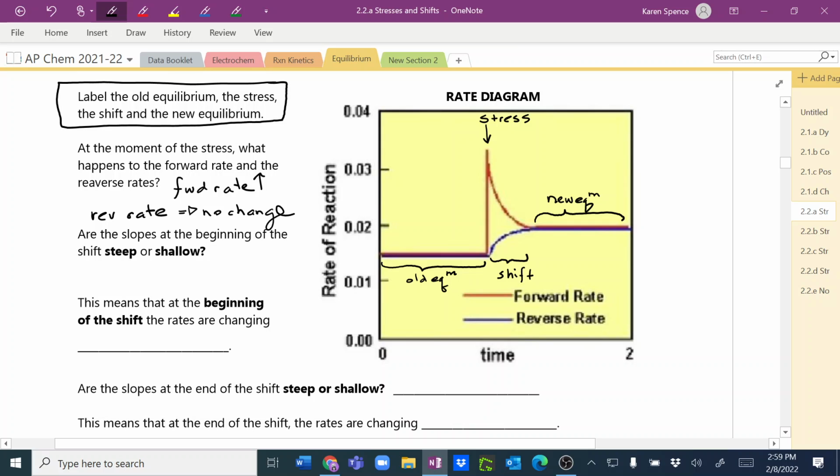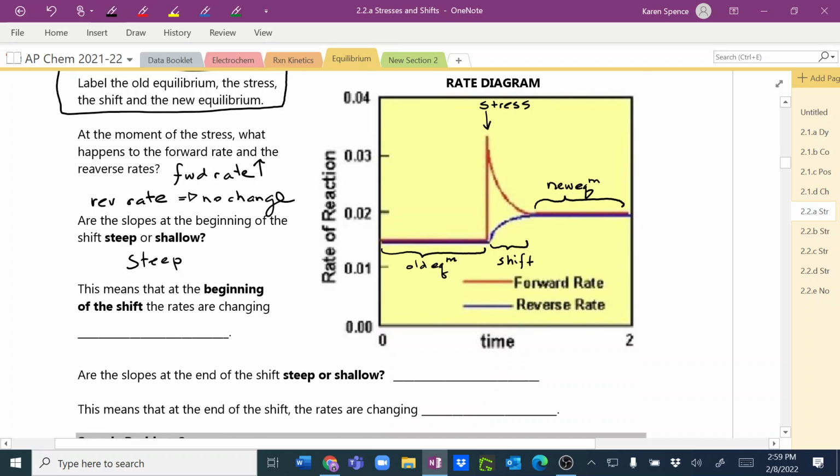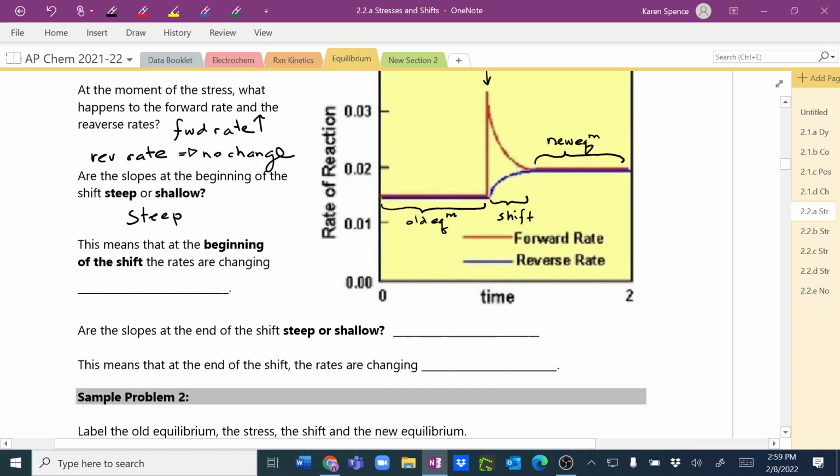Now, at the beginning of the shift, are the slopes steep or shallow? Steep. That means if the slopes are steep, the rates are changing quickly or fast. Are the slopes at the end steep or shallow? Shallow. And that means that at the end of the shift, the rates are changing slowly.